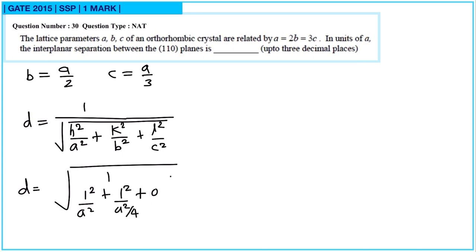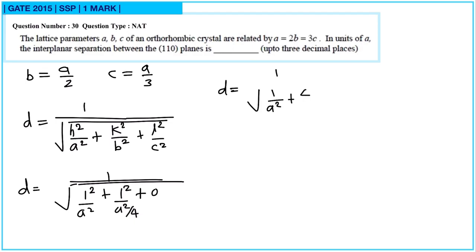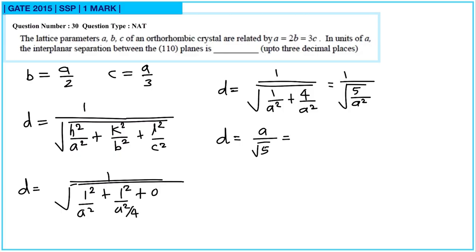So d is equal to 1 upon under root 1 by a square plus 4 by a square, that is equal to 1 upon under root 5 by a square, that will be d is equal to a by root 5, and 1 upon root 5 is 0.447 into a. So in terms of a, this will be the value. So answer is 0.447.